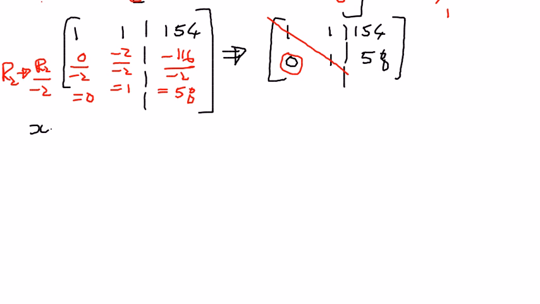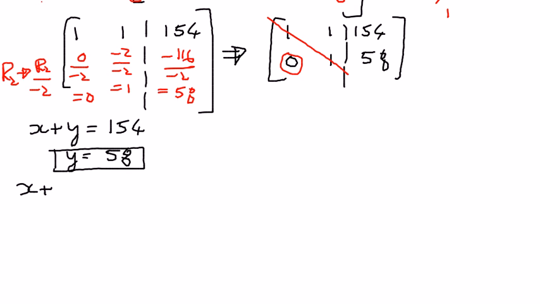So x plus y equals 154, that is our first equation, and y equals 58. This is our second equation. In fact, we have an answer right away there in the second equation. So we're going to back substitute this value of y into the first equation and find the value of x.